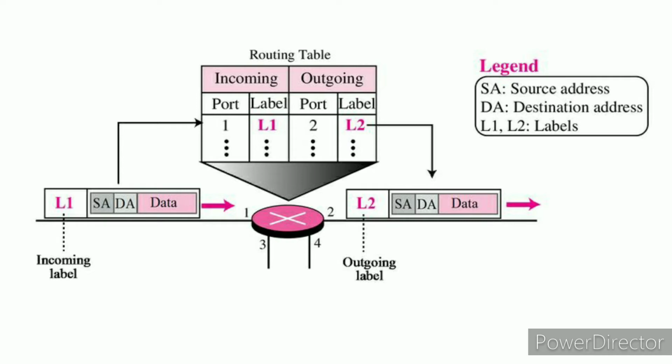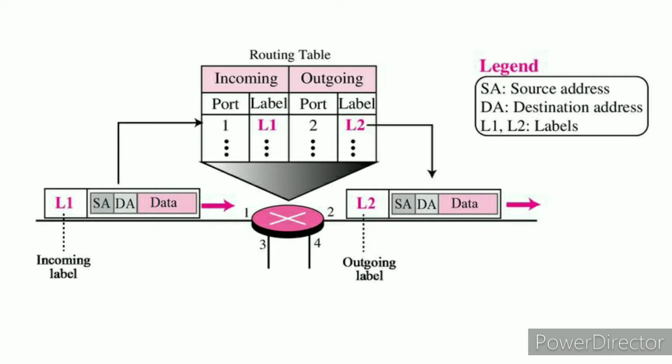If you see in this diagram, when a packet arrives, this is the incoming label. The first one is incoming label, SA is your source address, DA is your destination address, and the last one is data. So this router will check this forwarding table. In the forwarding table, whenever a packet arrives, it assigns a label L1 and sends that packet through port P2.